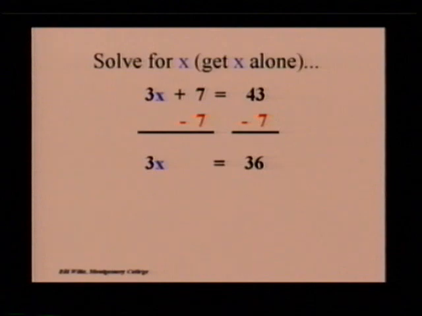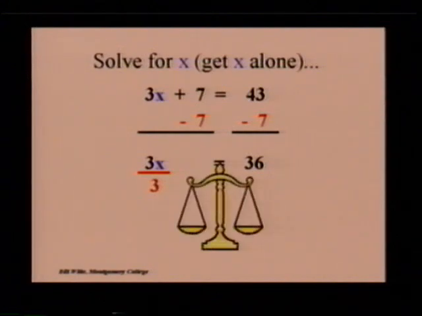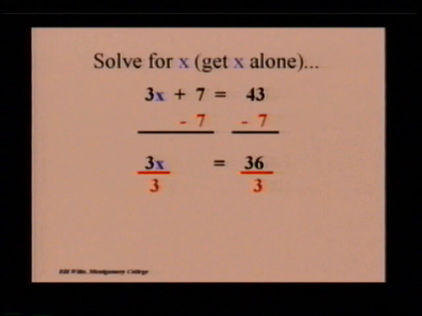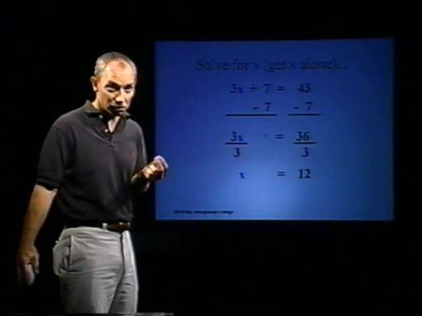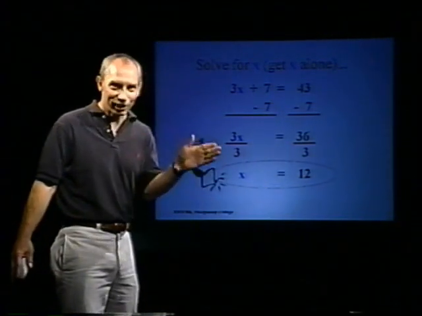Now, and only now, we'll get rid of that 3. Now, what is the 3 doing to the x? It's multiplying. So we'll divide, but wait a minute, we got to do it to the other side, Junior. And there it is. X is 12. Okay? So it really matters what order you solve these things. Okay? Really.